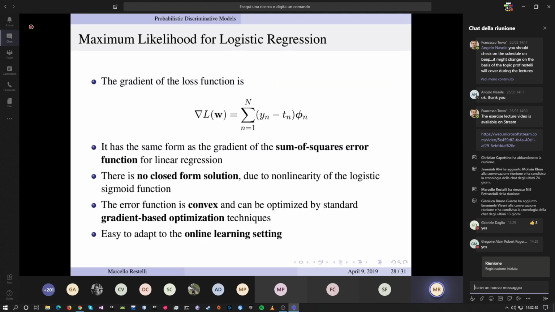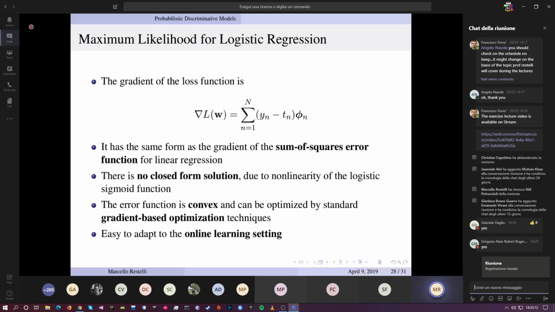We can find the parameters W that minimize your loss function, which was generated by the negative log likelihood of the data. By minimizing this loss function, you are maximizing the likelihood of the observed data given the parameters of your model. The gradient is what is reported here in the slide.